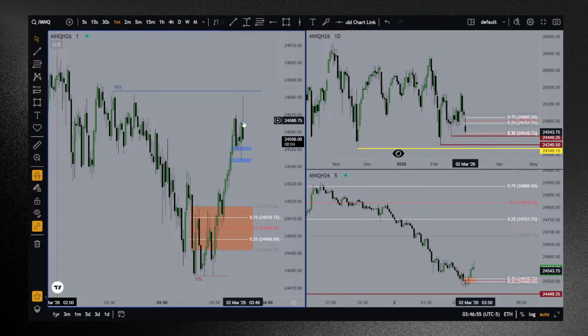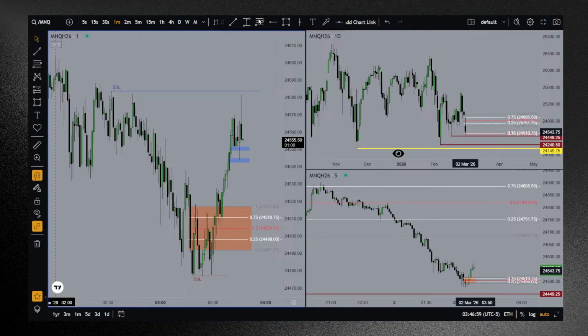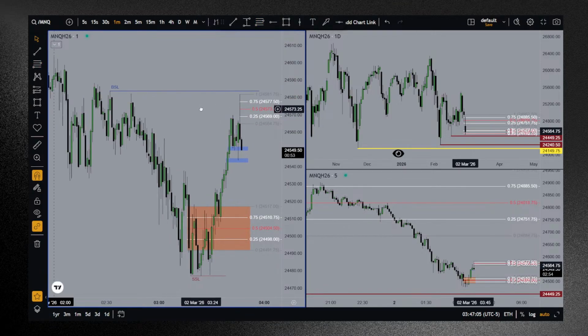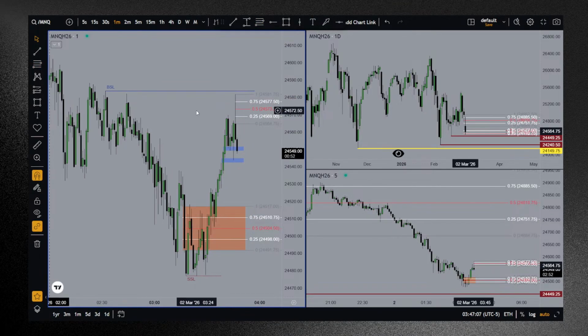So this long week here on the premium side is important now, because what we would do, we would measure the strength of this asset, which is Nasdaq Micro, based on how price will trade back into this.